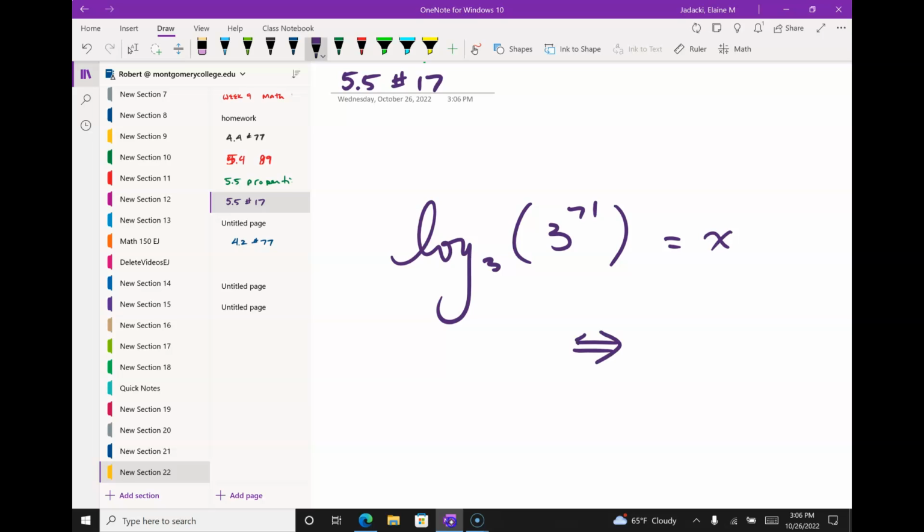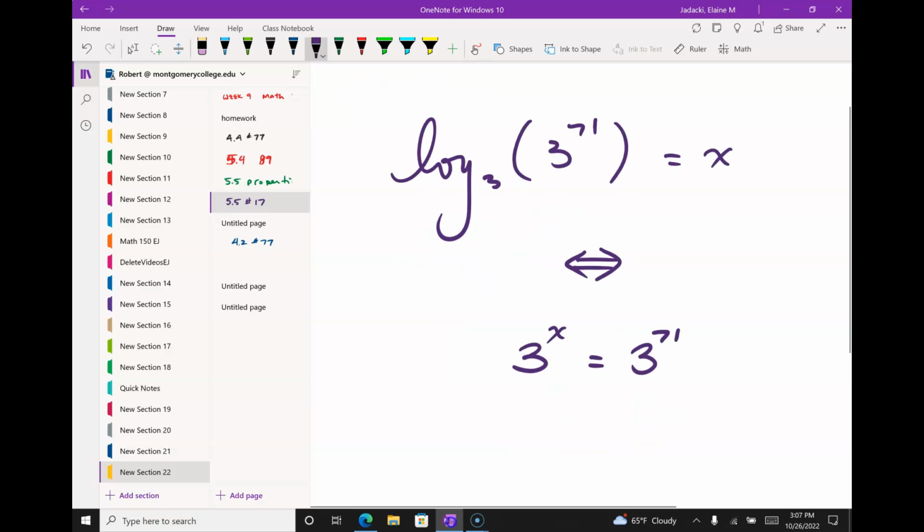Let's translate it though. What's my base? What's the exponent? X. The answer to a log function is an exponent. What's the argument? 3 to the 71. So what does x equal? 71.